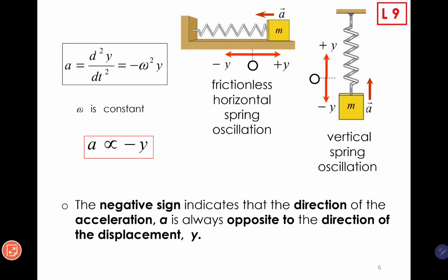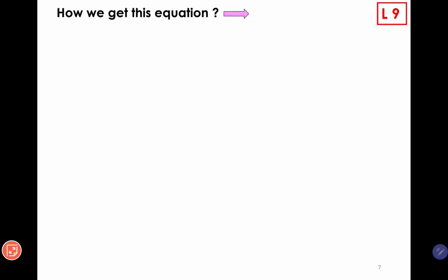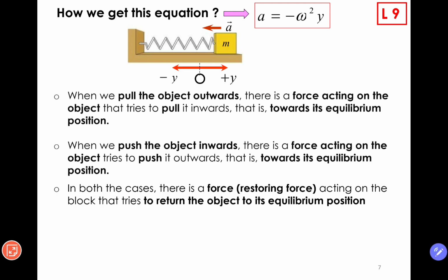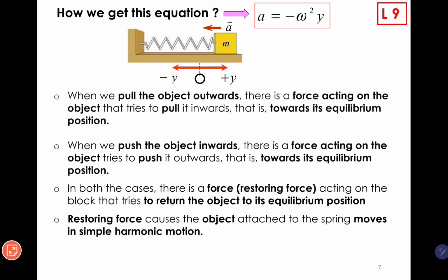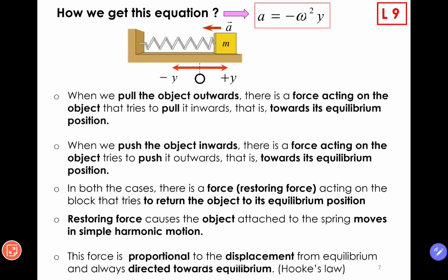Right, and then how do we get the equation? Where does it come from? Okay, let me show you. So what happened now? When we pull the object outwards, there is a force acting on the object that tries to pull it inwards.